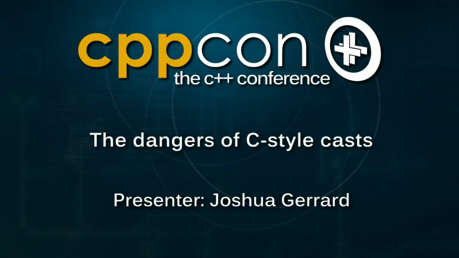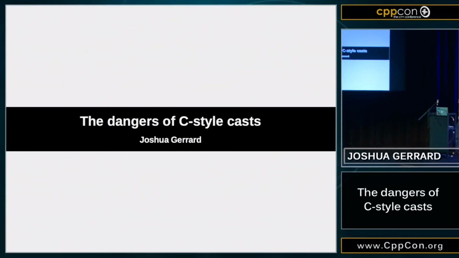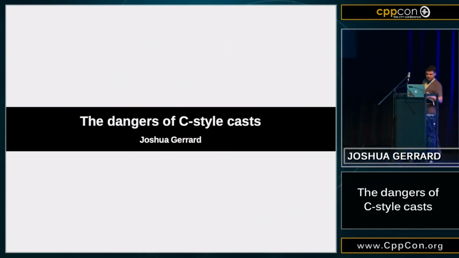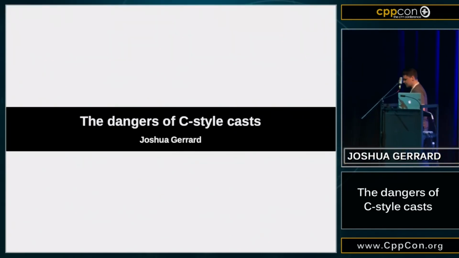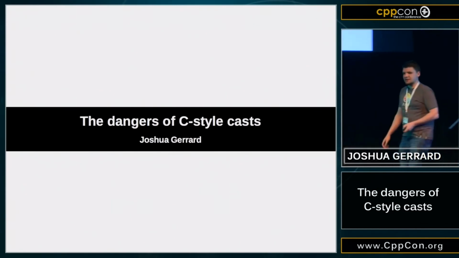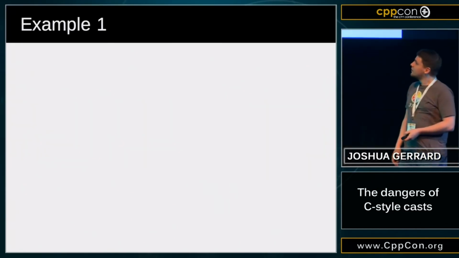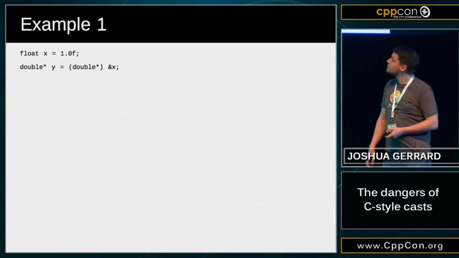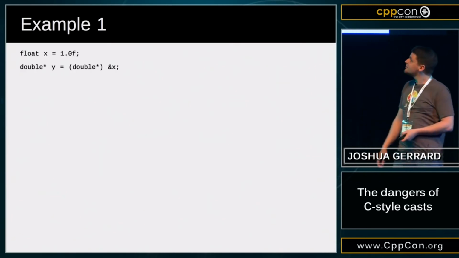I don't like C-style casts unless you have one very obscure use case. And where's the laser pointer going? Is it working? Brilliant. So, the dangers of C-style casts. So, I'm going to lead by example here. So, here's some code. Looks fairly innocent.